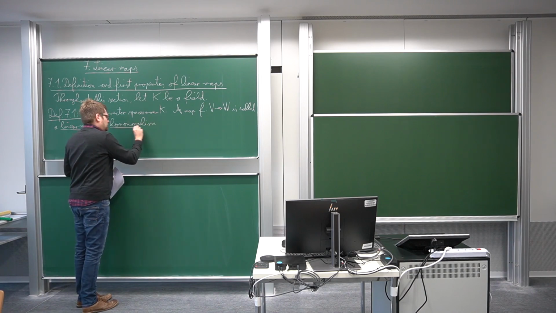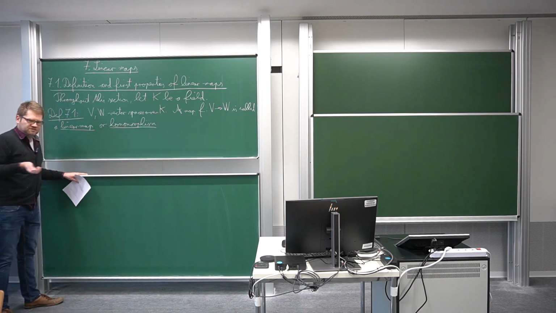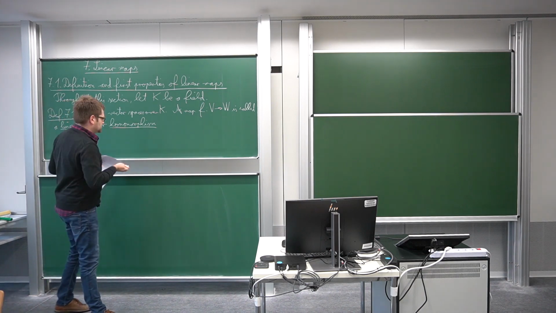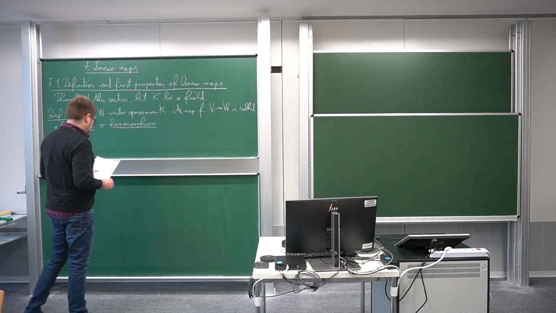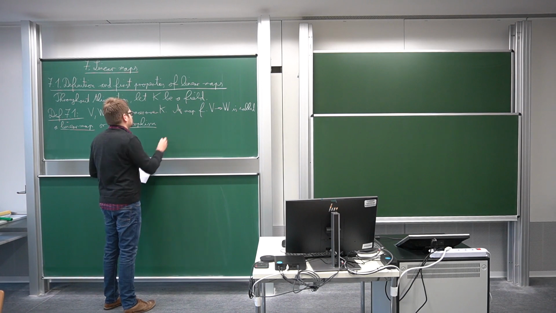We'll mostly stick with the term linear map, but if you read about homomorphisms in some textbook or lecture notes, this is just another word for linear map in this case, if you talk about vector spaces.